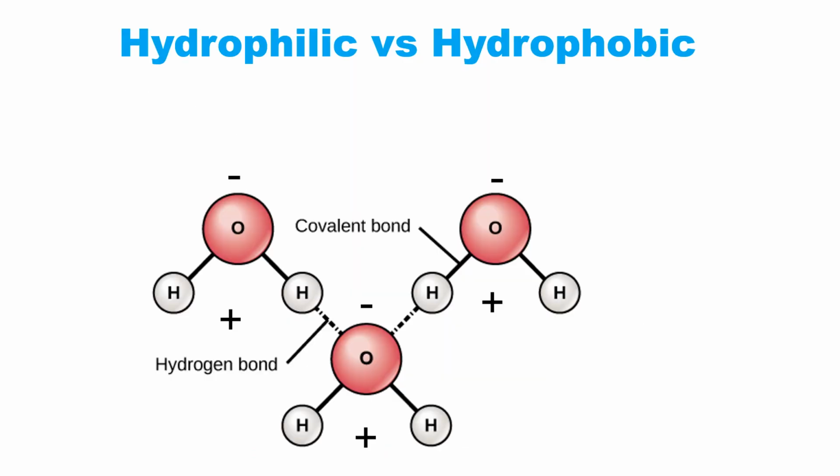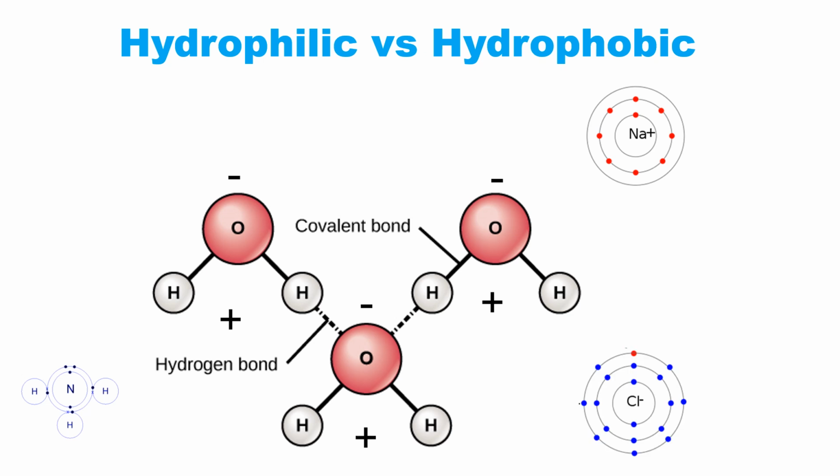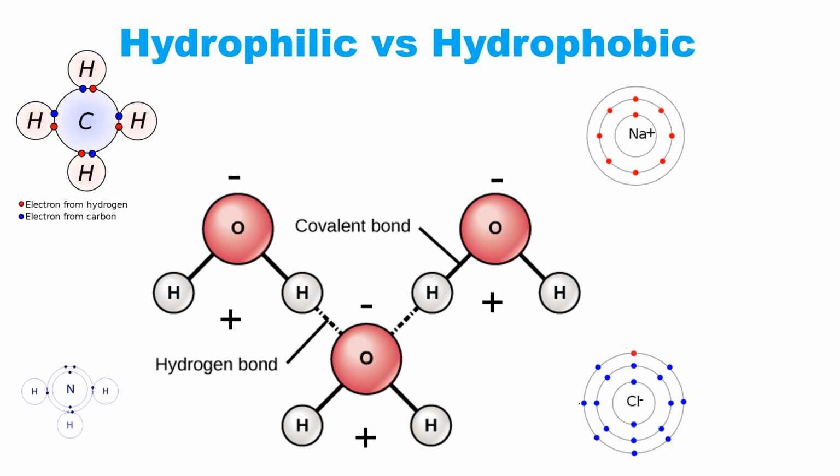So let's conclude with a short experiment where we take water and put ammonia, sodium ions, chloride ions, and hydrocarbons into the water. We know that ammonia is polar. It has a negative and a positive side to it. That means it can bind with water molecules and dissolve in water molecules. That is why we call ammonia and other polar molecules hydrophilic.